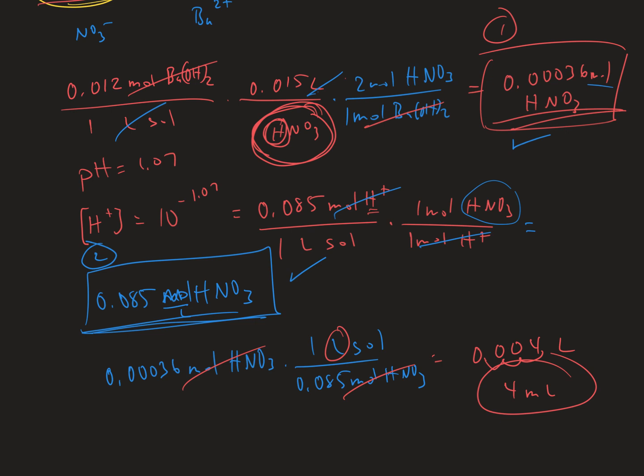Does that make sense? It is a big thing, but you just have to start with what you know and move until you get to what you don't know. If you come to a roadblock, start with another known value.